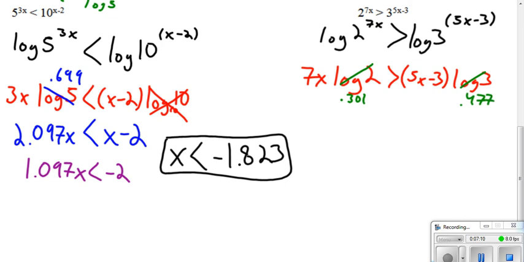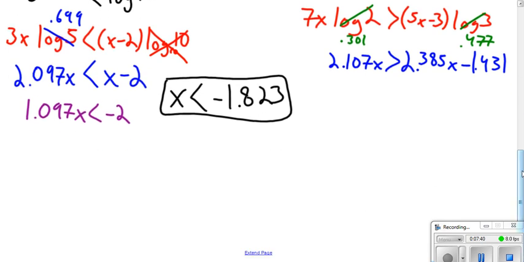So if we multiply 0.301 times 7, that actually gives us 2.107x is greater than, in this case I have to distribute the 0.477 to the 5 and to the negative 3. So we would have 2.385x minus 1.431. So again, we know how to solve inequalities like this.